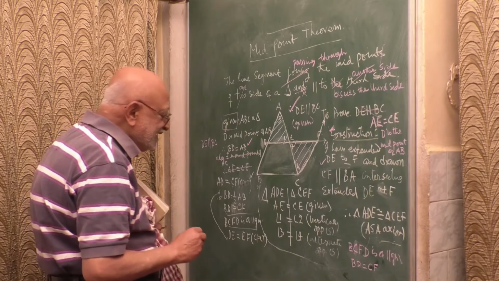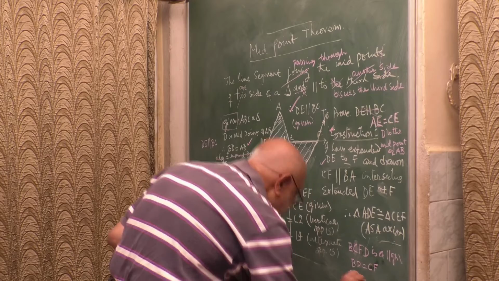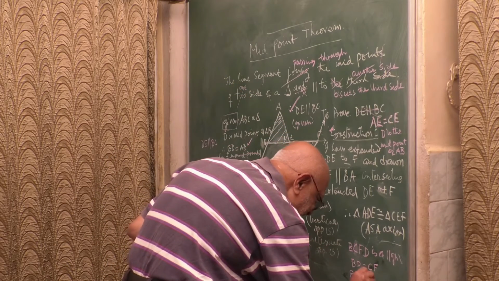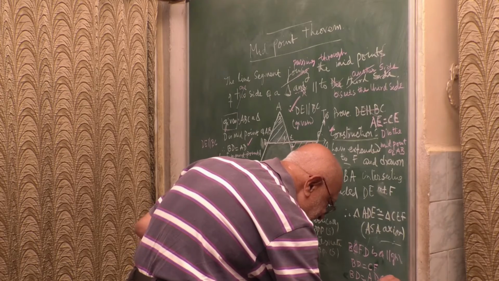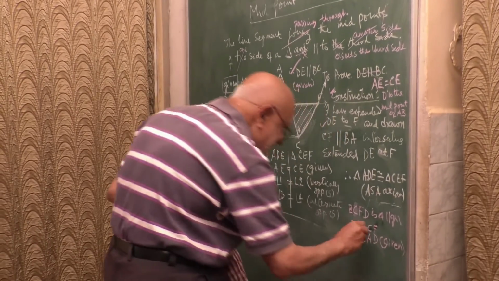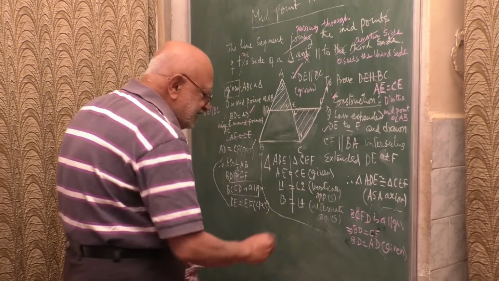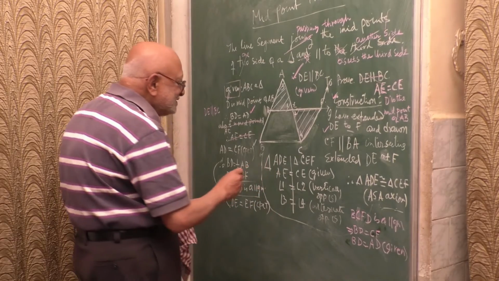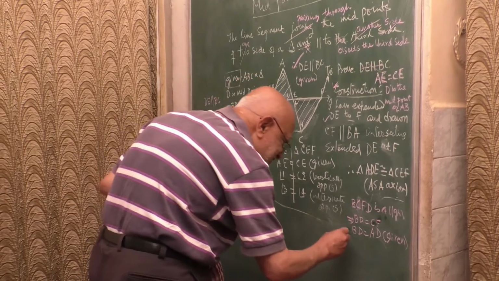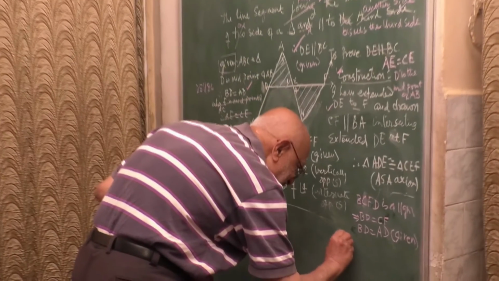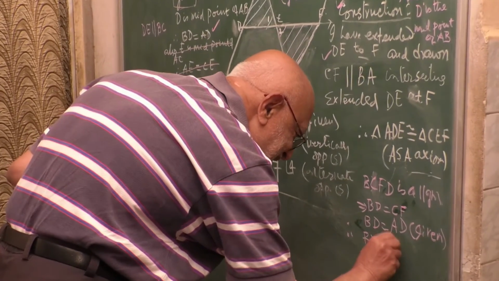And then I can say BD is also equal to AD, given. In that case, BD is equal to CF from this here.